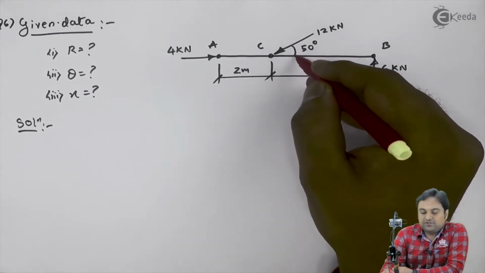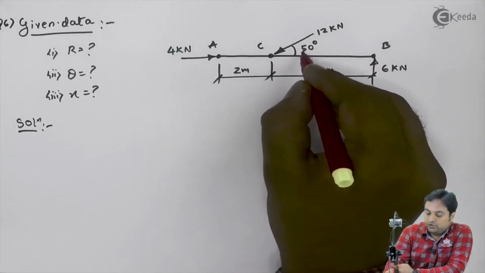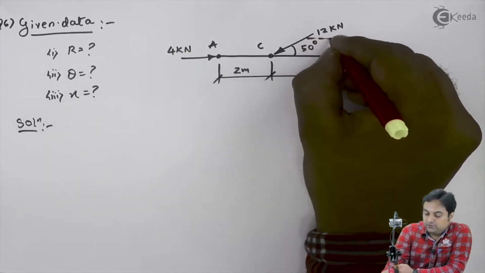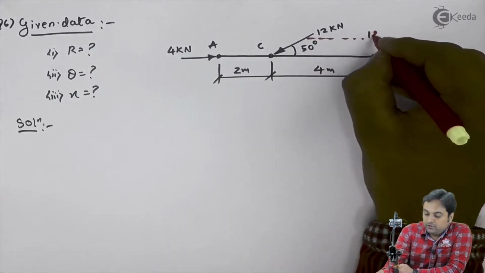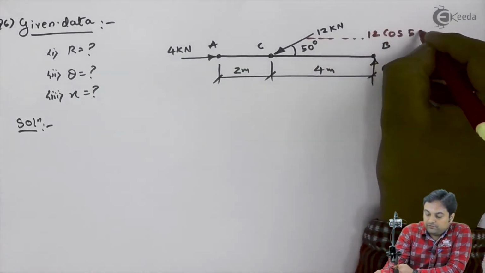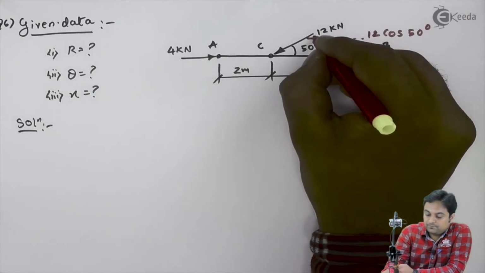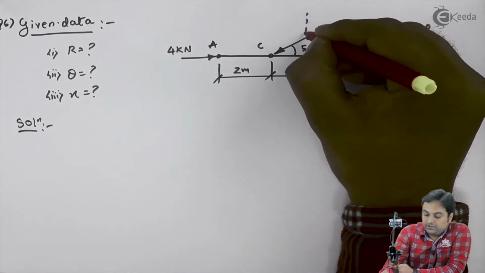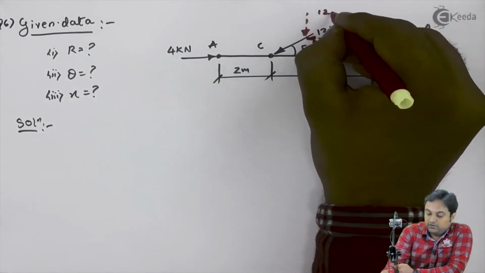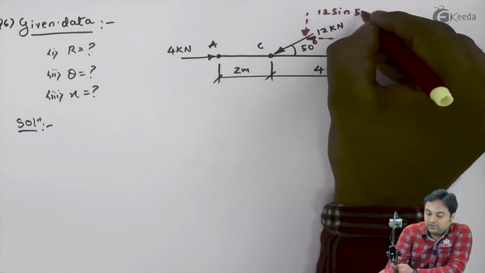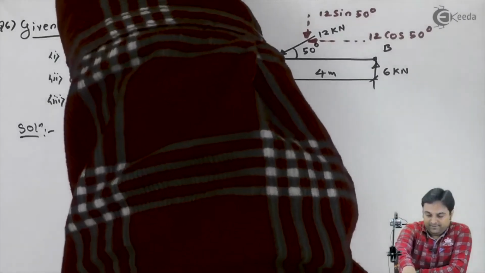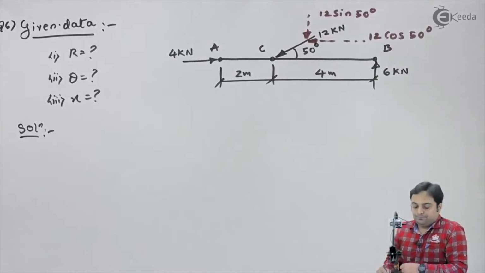Since the inclination is with the horizontal, the horizontal component of 12 kilonewton will be 12 cos 50 degree. Vertical component will be 12 sin 50 degree.